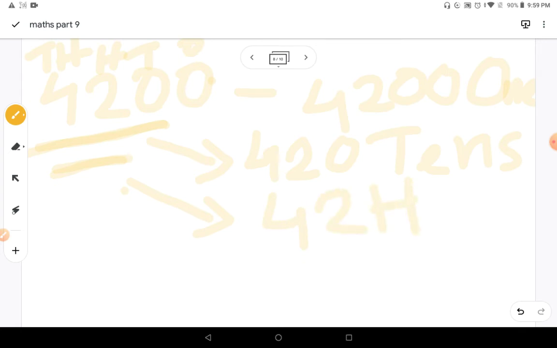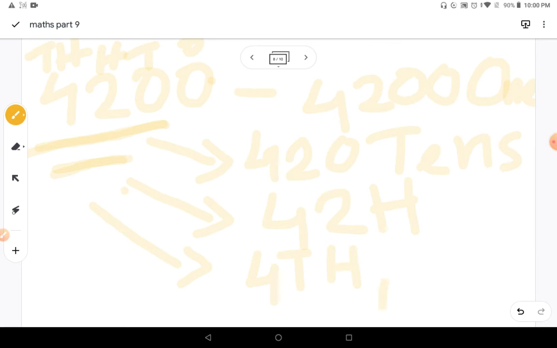Okay, so now can you represent this in 1000 terms alone? No, you cannot. Why? Because the place value of 100 is not 0. So you cannot represent this in 1000 terms alone. You can represent it as a combination of 1000s and 100s.